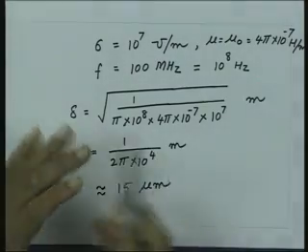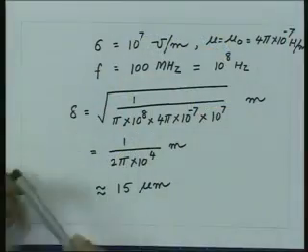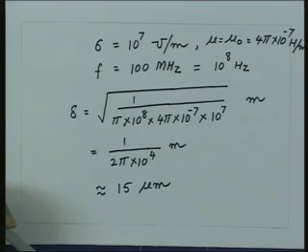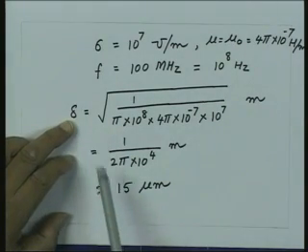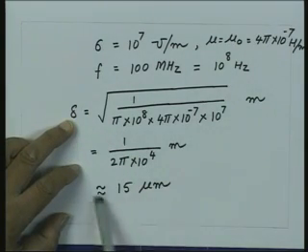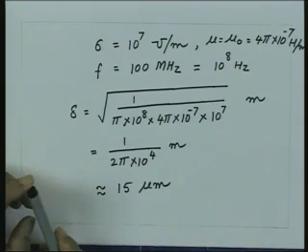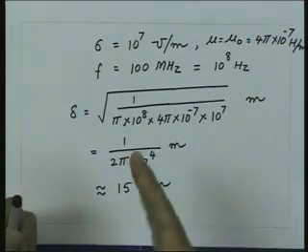So, if I take a good conductor in practice like copper or silver, and the frequency, let us say 100 megahertz, the depth of penetration of the electromagnetic wave is only 15 microns. That means the wave propagation is just 15 microns from the surface of this good material, which has conductivity 10 to the power 7.